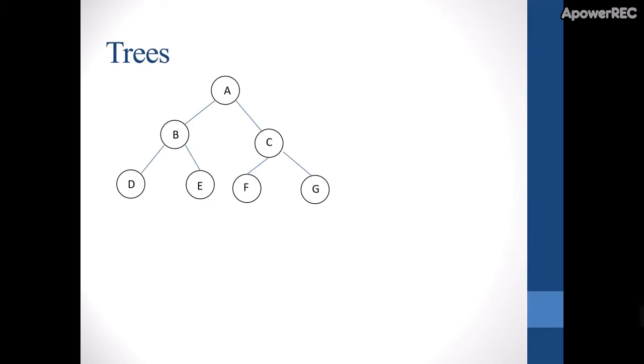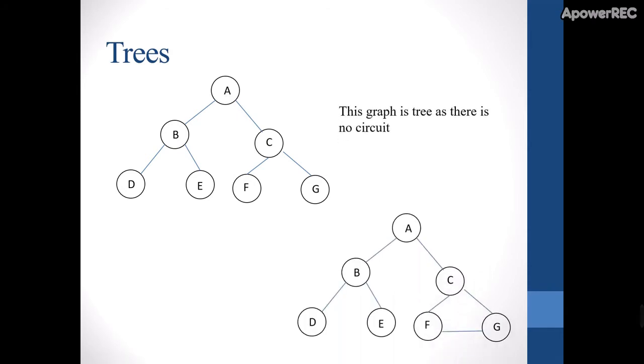Here A is the root, and this is a tree. Why is this a tree? Because there is no circuit formed in this example. But if you see this other example, here a circuit is formed between C, F, G vertices, and this is a graph but not a tree.